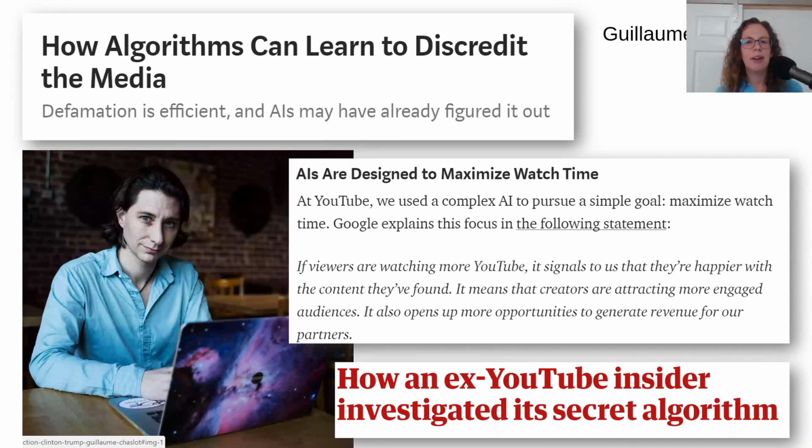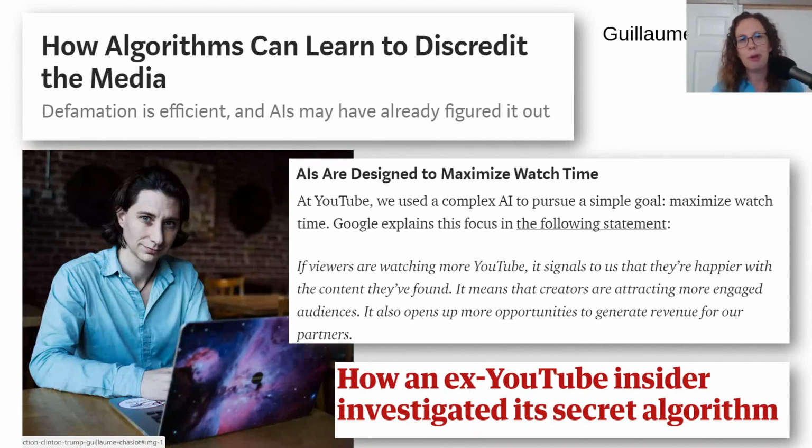And so here, the team at Google was saying, well, if you're watching more YouTube, it signals to us that they're happier. However, this also ends up incentivizing content that tells you the rest of the media is lying, because believing that everybody else is lying will encourage you to spend more time on a particular platform.